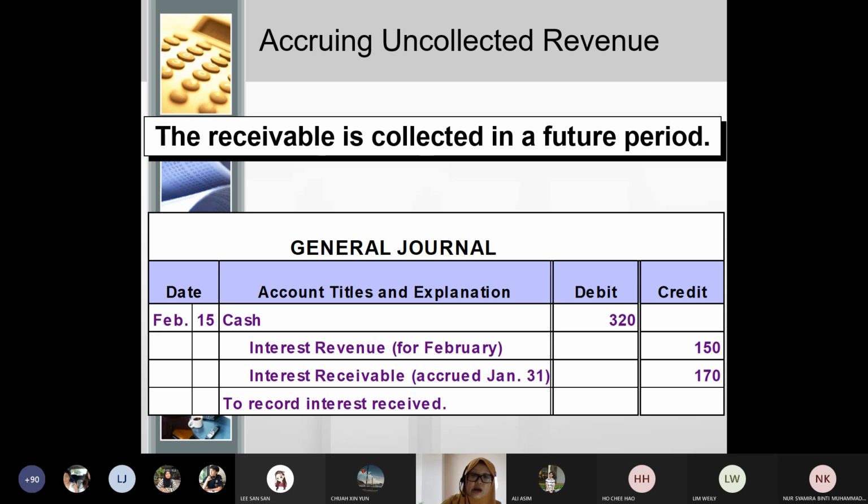And for the remaining 170, remember that you already debit interest receivable before and you already recognize as interest revenue. So we have to remove from the interest receivable. That's why we credit interest receivable 170, to eliminate the interest receivable.